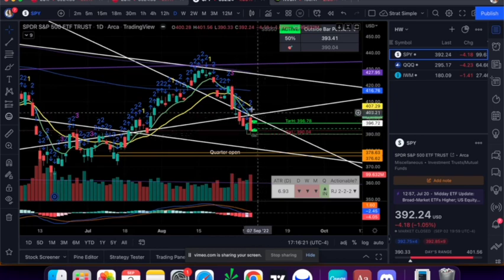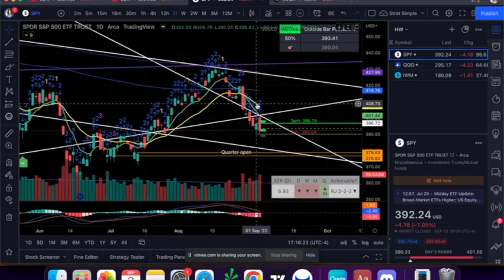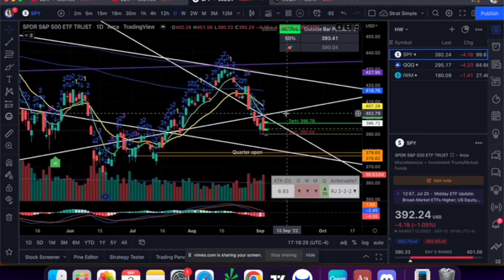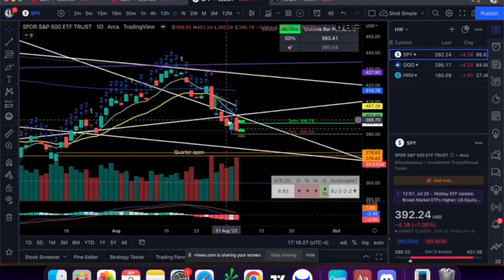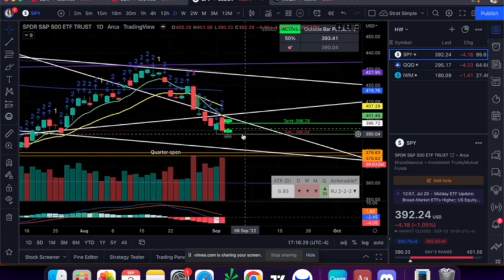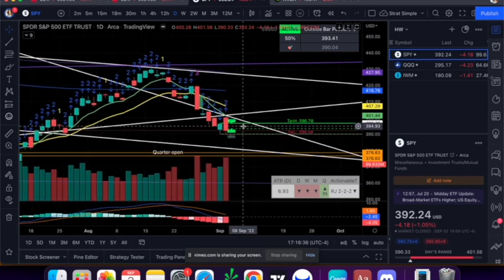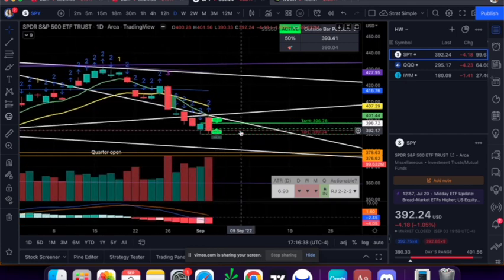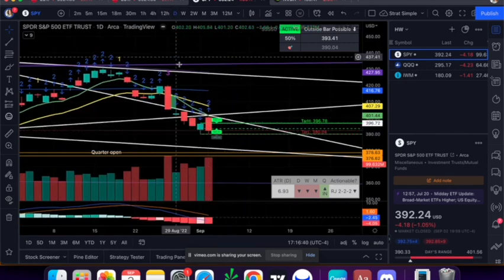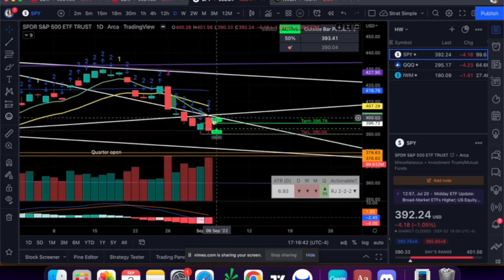So it may want to take some time to iron out this area, just understanding ranges and things like that. We barely took out these. We didn't take out these people right here. So it'll be interesting to see what next week looks like. You know, that daily candle is, ew.